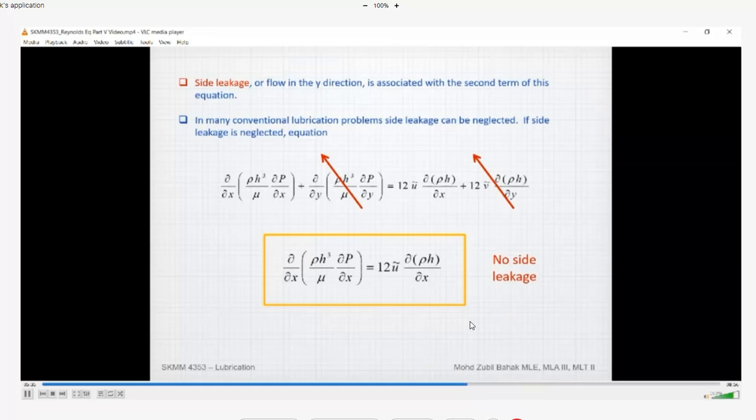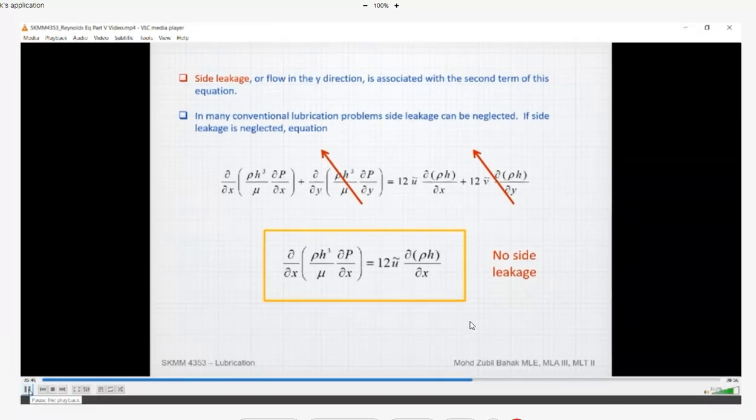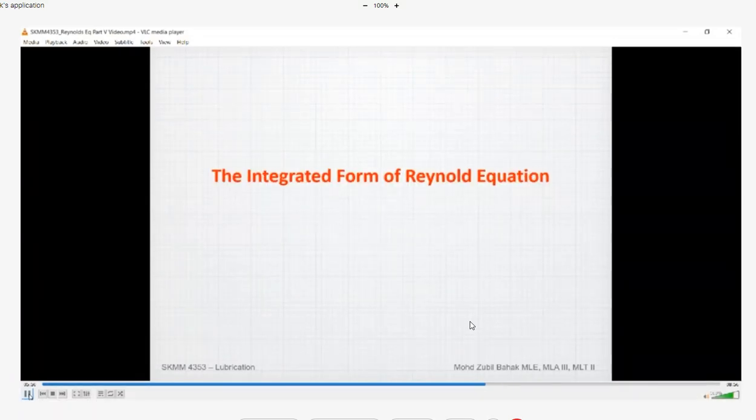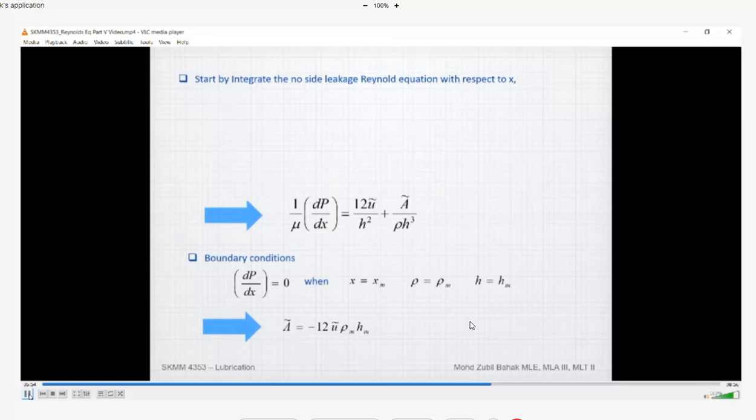So this is the important equation that will be used to analyze the thrust bearing, general bearing, and probably the step bearing.